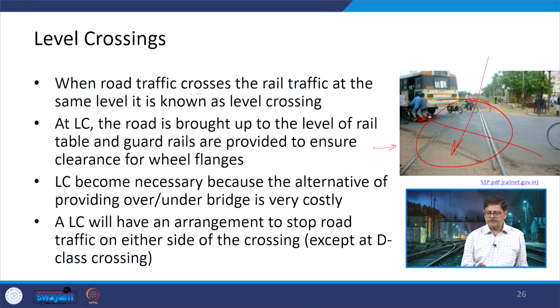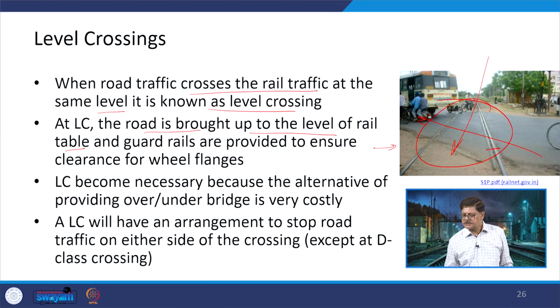So, when road traffic crosses rail traffic at the same level, it is defined as a level crossing. At the level crossing, the road is brought up to the level of the rail table. The rail table means the level of the height of the rail, up to that level the road is brought.